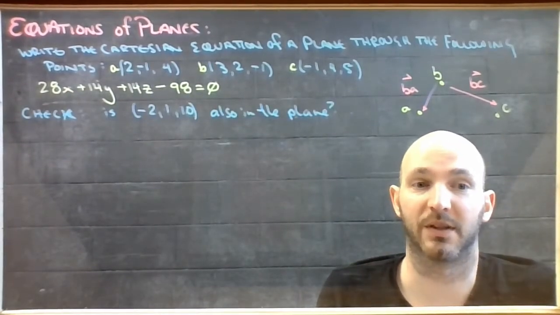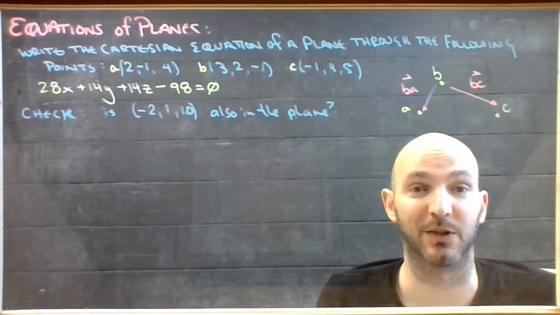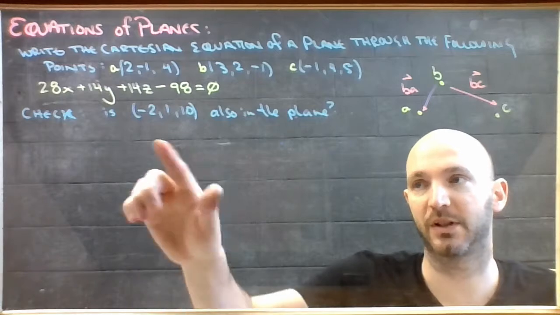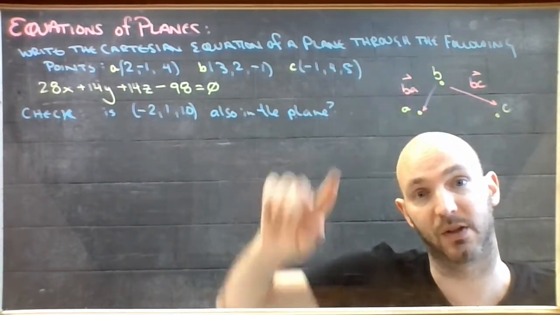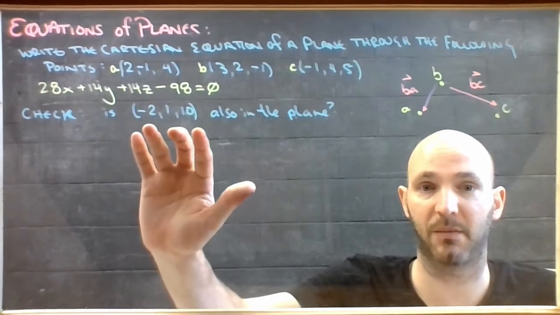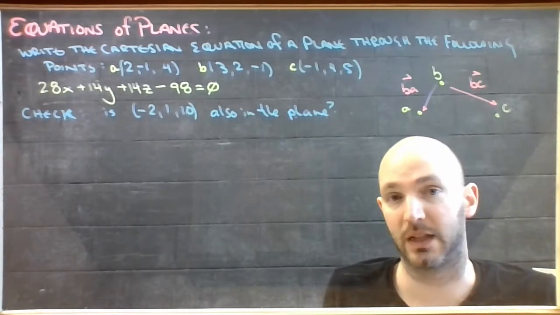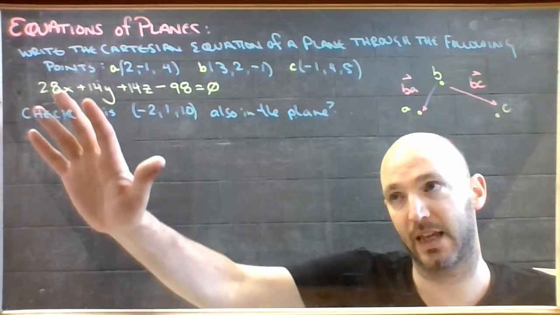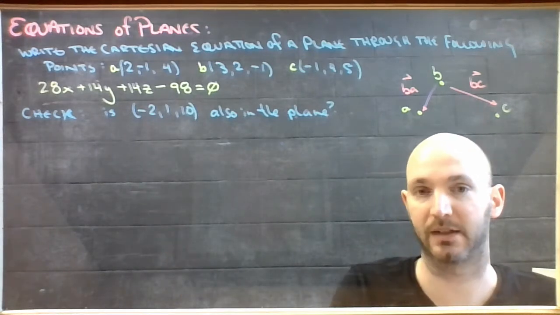So now that we've done all this work to make this Cartesian equation, we should probably use it to do something. So I'm just going to check to see if this particular dot is also on the surface with these three. So the way I'm going to do that is take my x, my y, my z, drop them into this equation, do the arithmetic involved, and if I get this equaling 0 using that dot, then I know that it is in fact in the plane.